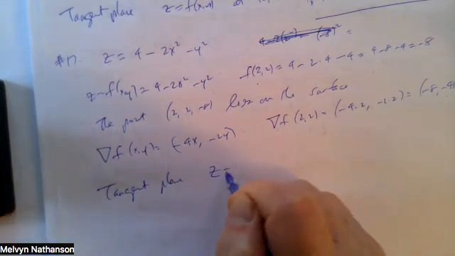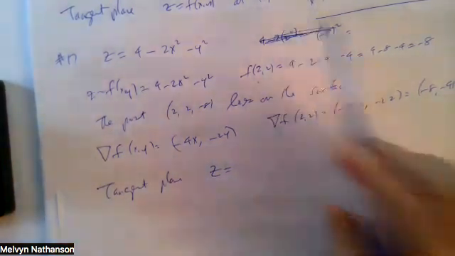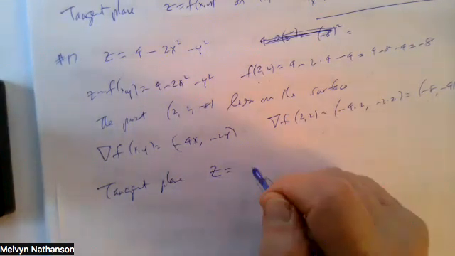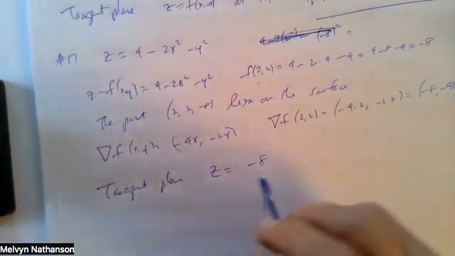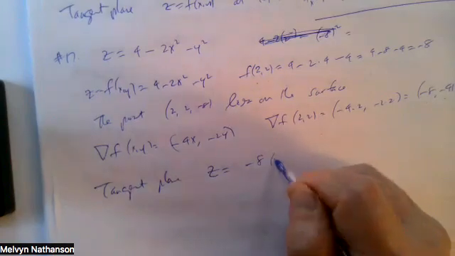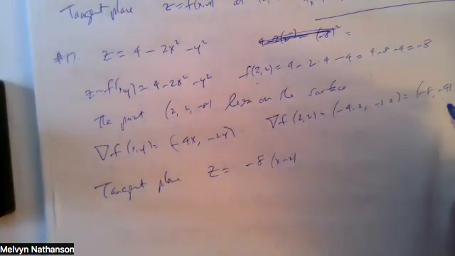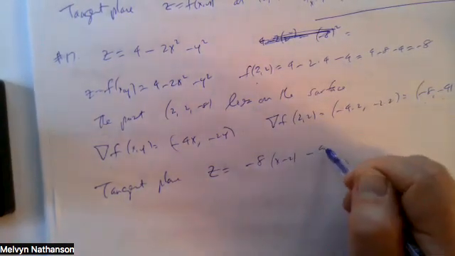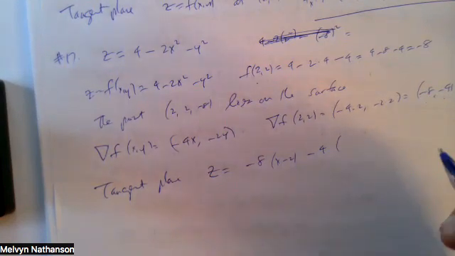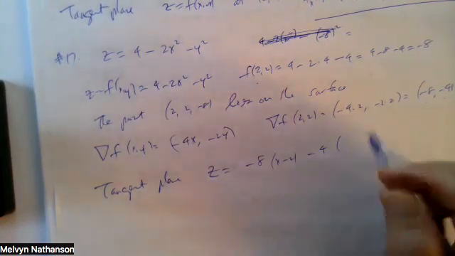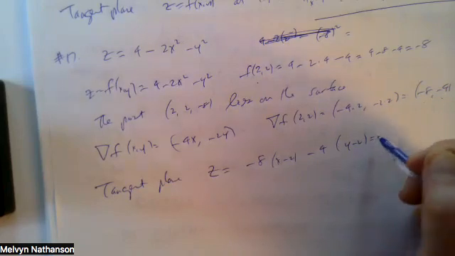is z equals the partial derivative of f, minus 8, times x minus 2, plus the partial of f with respect to y, minus 4, times y minus 2.